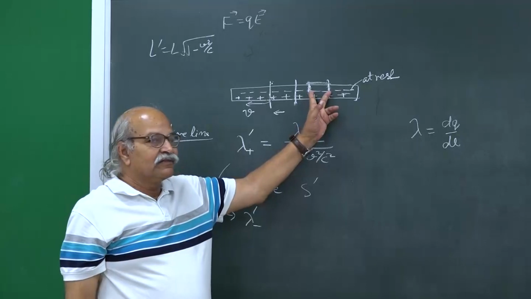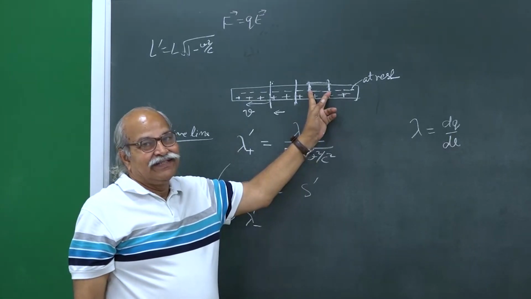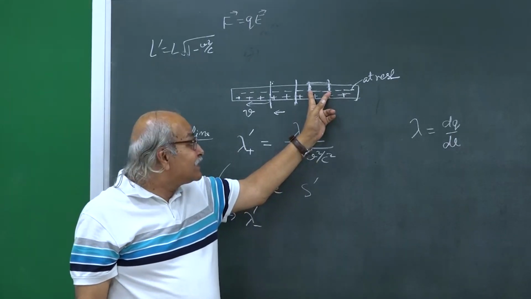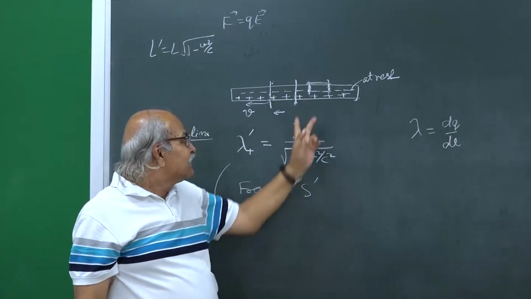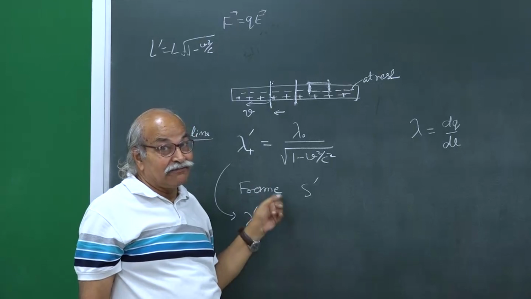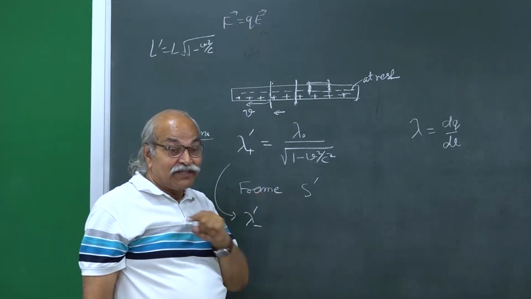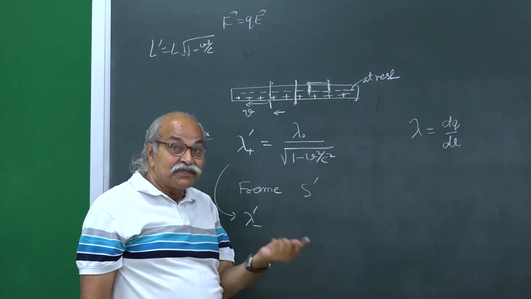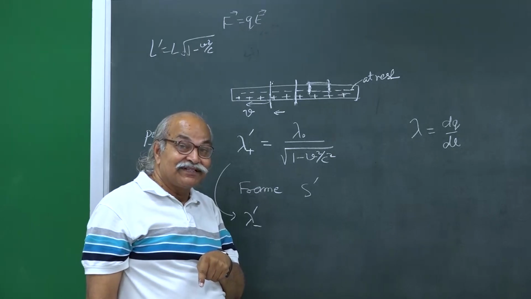This length is at rest in S prime frame. The negative charge line is at rest. This is a trolley frame, remember, this is a trolley frame. So, from the trolley frame, the negative charges are not moving, the positive charges are moving in the opposite direction.